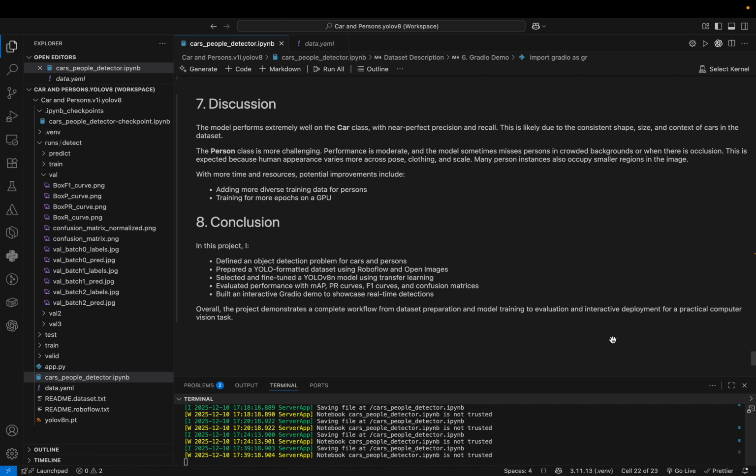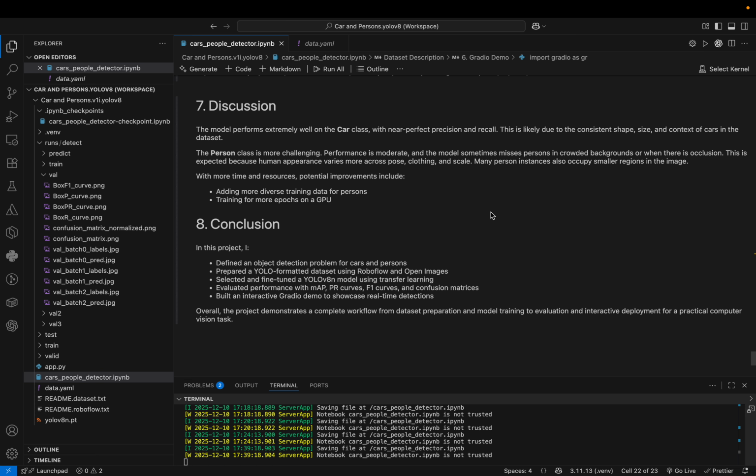If I were to do this again, I would use more data or images for people, and also train on more epochs on a GPU instead of a CPU.